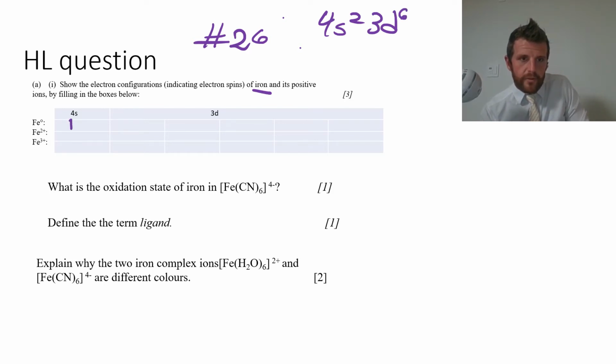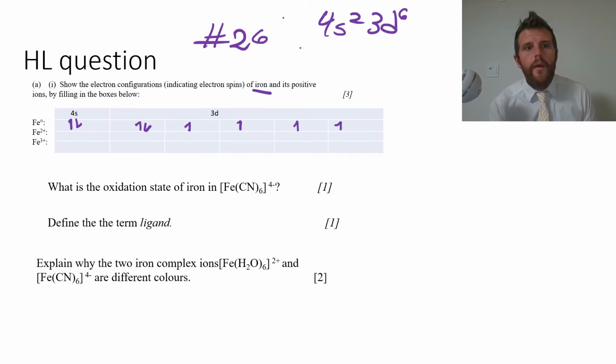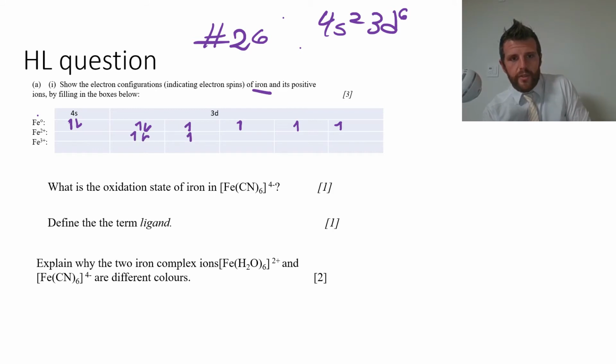So then what that gives us is up, down, up, up, up, up, up, down. So then they just want us to do the electron configurations. So that's Fe neutral. Fe2+ is when we lose the 4s electrons.